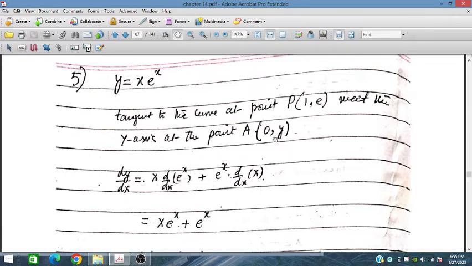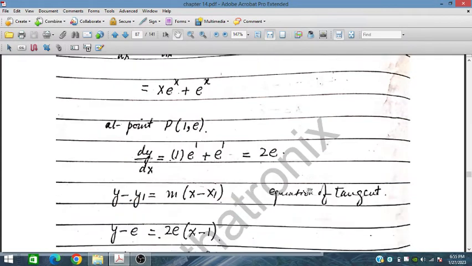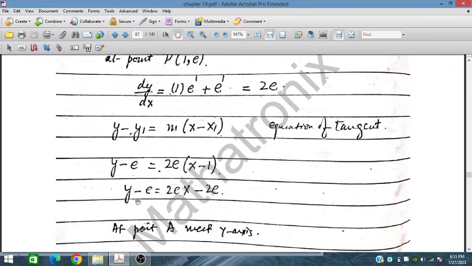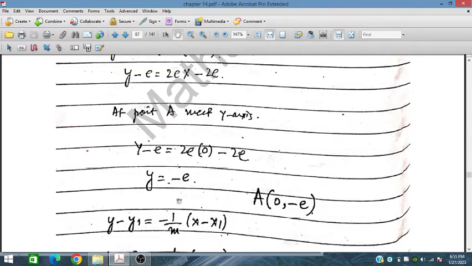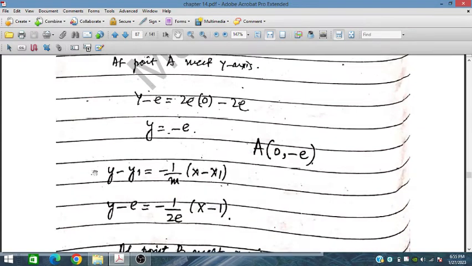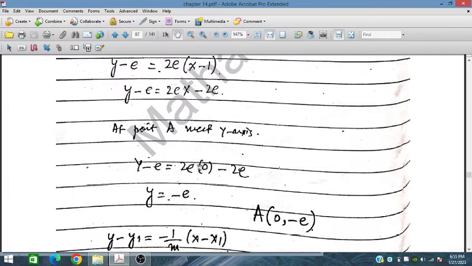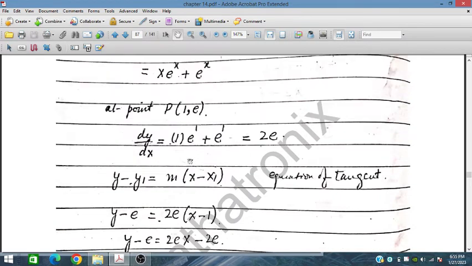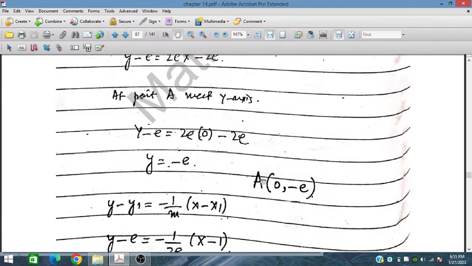And the normal to the curve intersects the x-axis at point B. For the equation of the normal, the gradient is minus 1 over m, with m equal to 2e, so it becomes minus 1 over 2e.